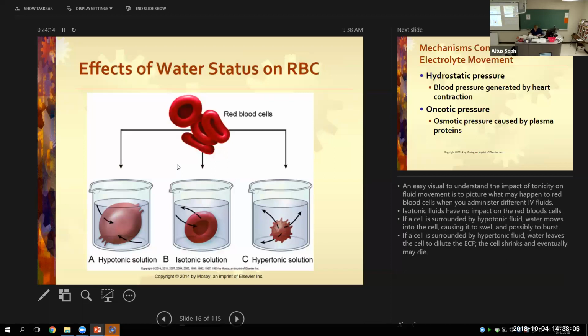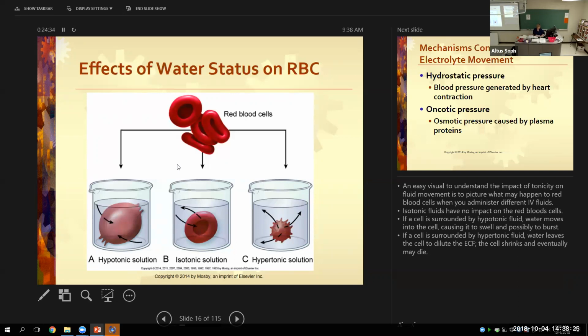We'll talk more about fluids here in a little bit. But your most standard isotonic solution would be sodium chloride 0.9%, also known as normal saline, okay?